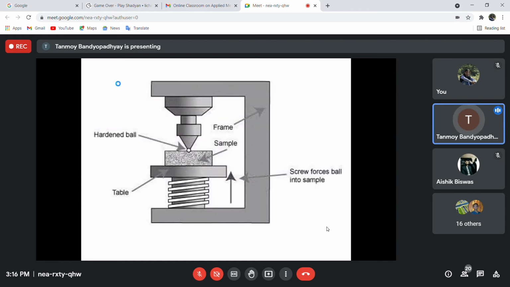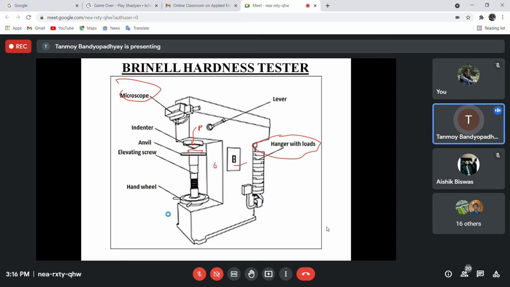So it is just a side view of the setup. This is the total frame. Actually, when you are fixing any machine, it has to be fitted on a very solid foundation, okay? Whenever you are applying loads, whenever you are doing applied mechanics tests, say on a UTM, universal testing machine, an impact testing machine, or a hardness testing machine, whatever experiment you are doing, you have to go for a civil foundation.